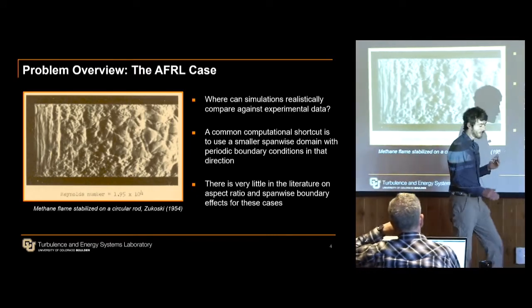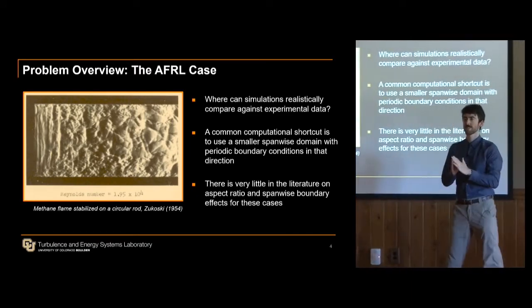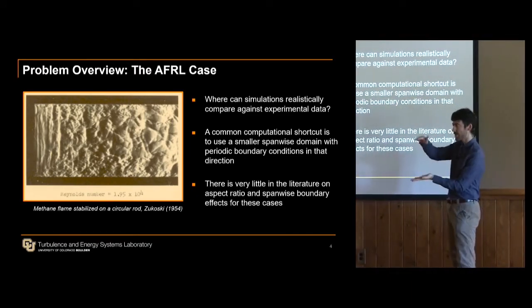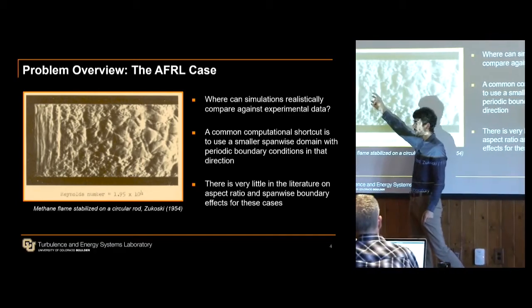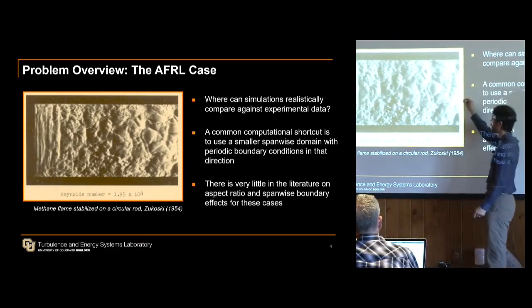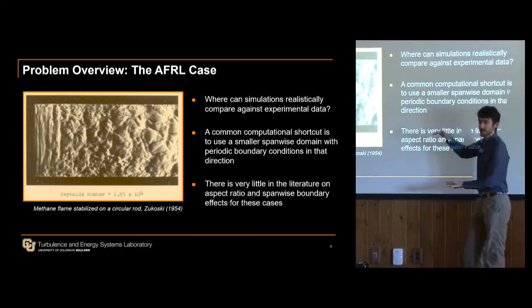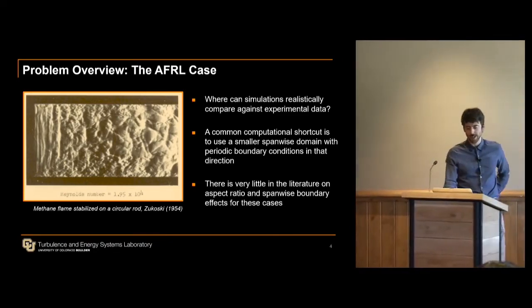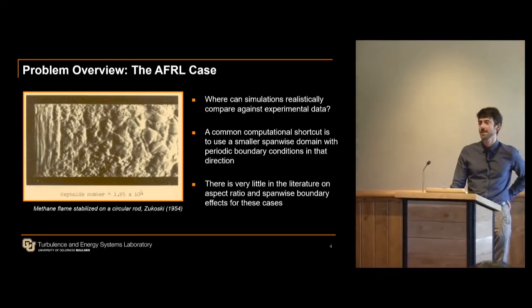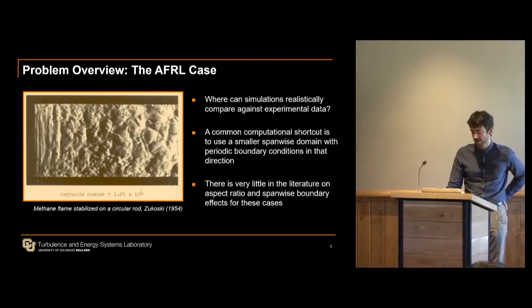So we're doing two things. We're looking at a span of periodic boundary widths. So we're going to look at just a tiny slice of periodic simulation domain representing the middle here, and then wider periodic domains. And we're also looking at wall-bounded simulations. I don't have images from that today, but I'm happy to talk about it if you would like.